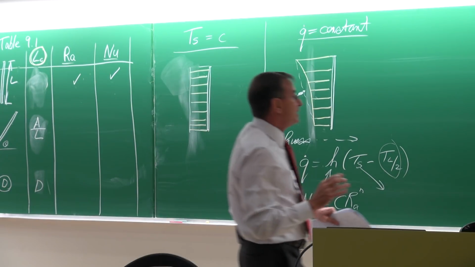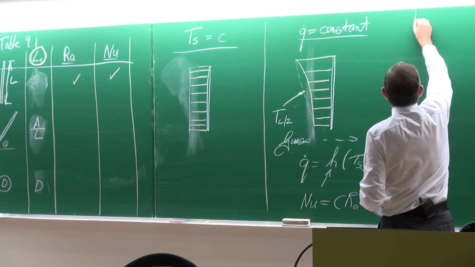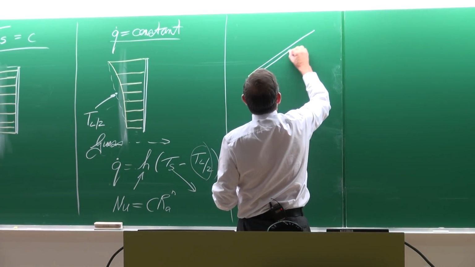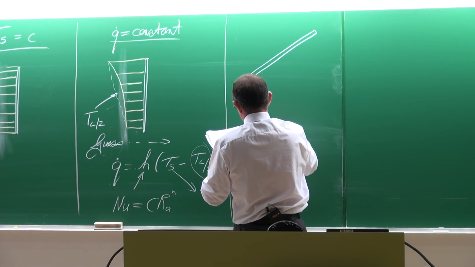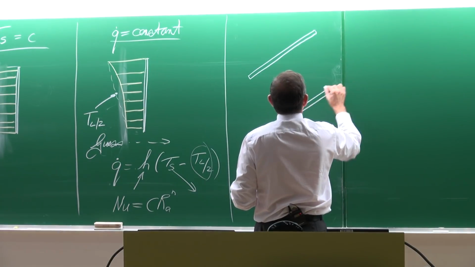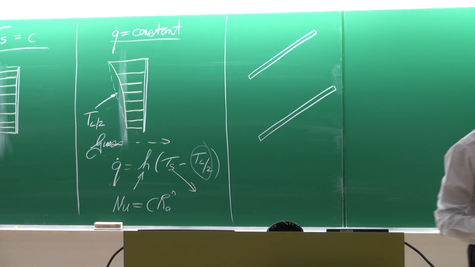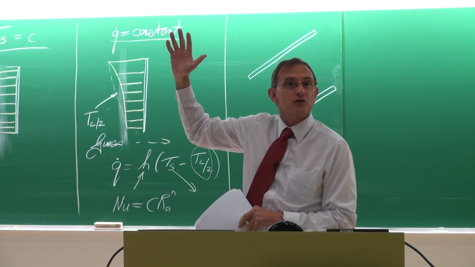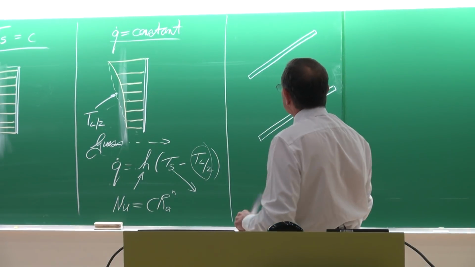Something that you have to be very careful for in terms of the table, especially with the inclined tube like that, is that they are very specific in terms of which surface is being heated. And that determines which equation you should use. What's the reason for that?